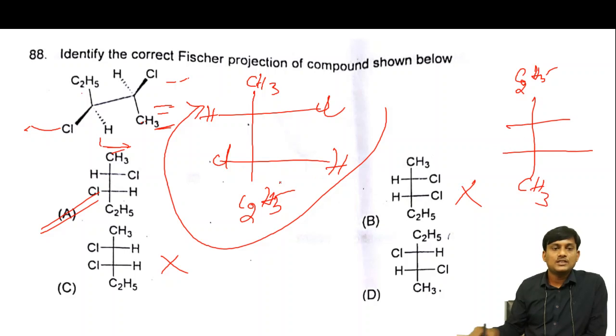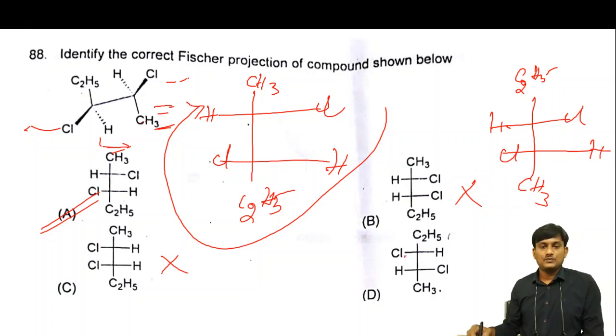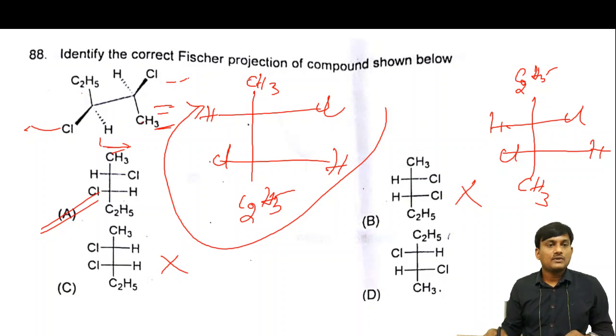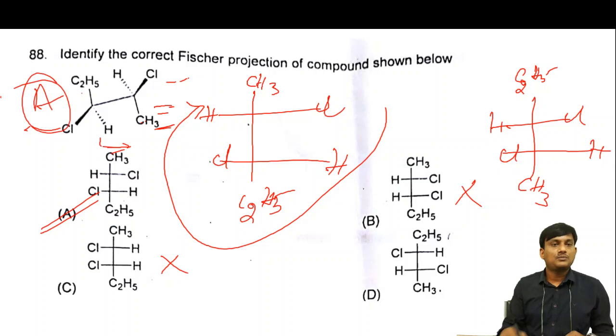So there is a change in position. It will be HCl and this one will be ClH. Okay, these are not equivalent. Here ClH, HCl, these are not equivalent. So what is the correct Fischer projection formula? A is the correct Fischer projection formula.